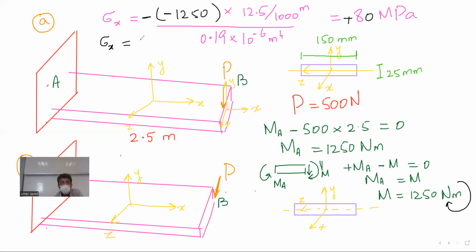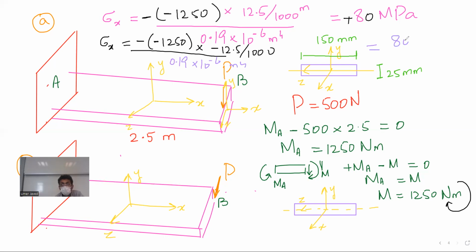So the other one is minus 1250, then minus 12.5 over 1000, divided by the same I value, 0.19 into 10 power minus 6 meter power 4. The answer is again 82 or 80 megapascal, but this time negative.